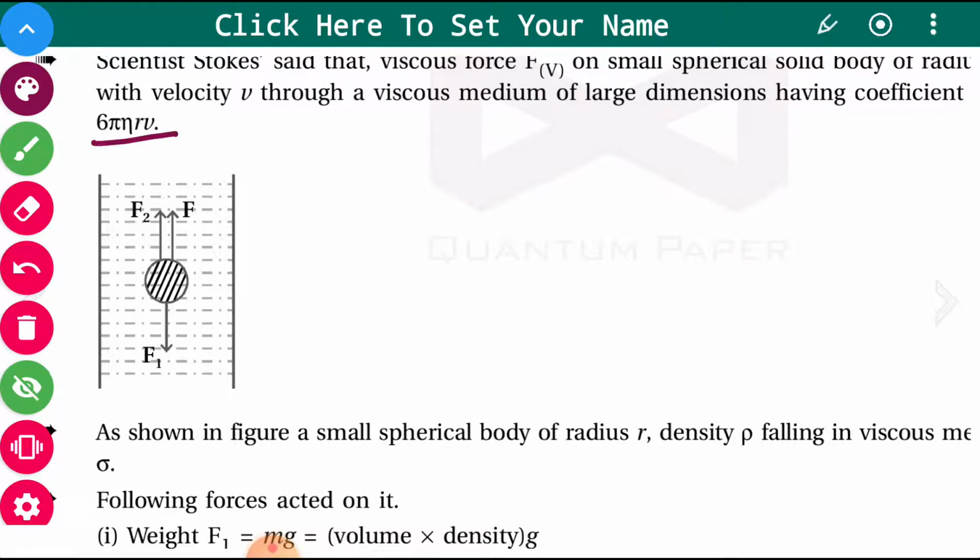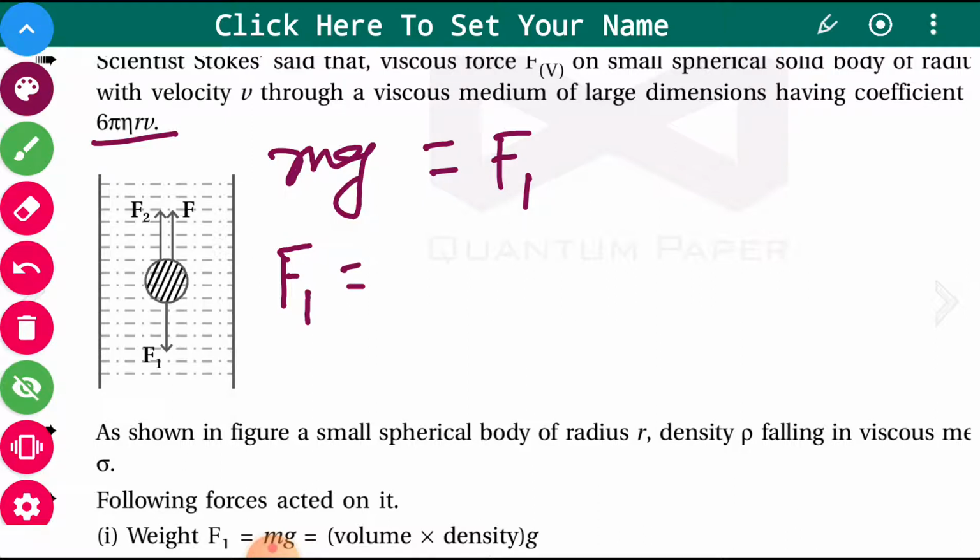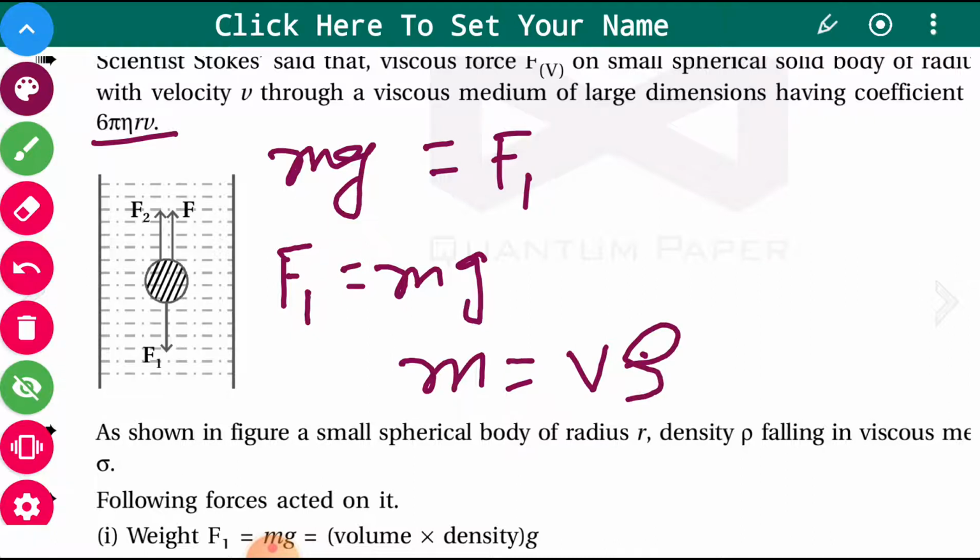Now the weight of the object, that is F1, is in the downward direction. This is a spherical body, so if you want to calculate this force F1, it is equal to m into g. Now mass is nothing but volume into density, and you have to consider the density of the sphere because the mg force is acting on it.